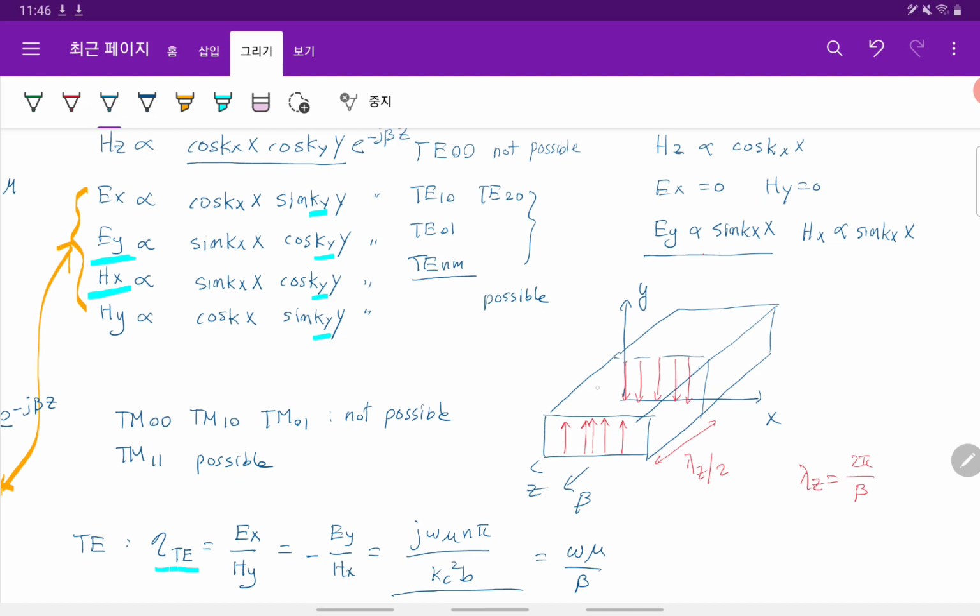And then the H field along this. Because the wave is propagating in the Z direction, if we use the right hand rule, the E field is this and the H field should be in this direction, so that beta goes this direction, right? So the H field should follow this direction.